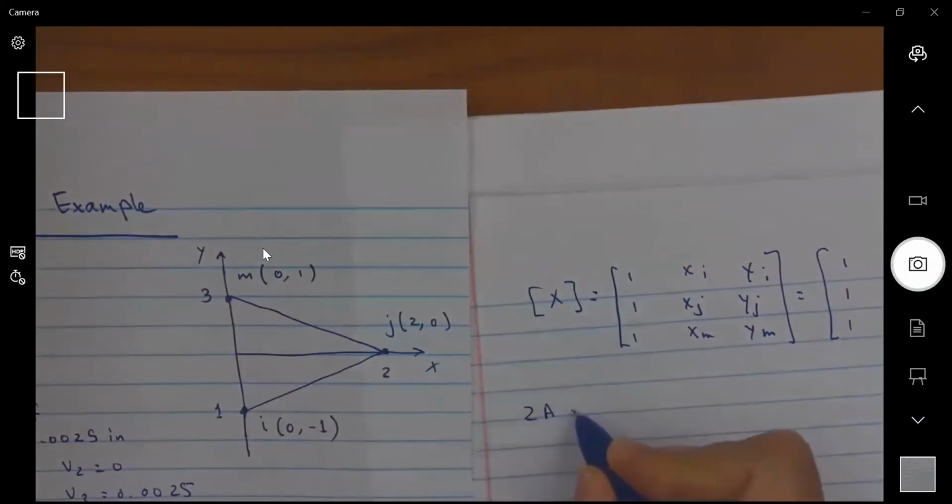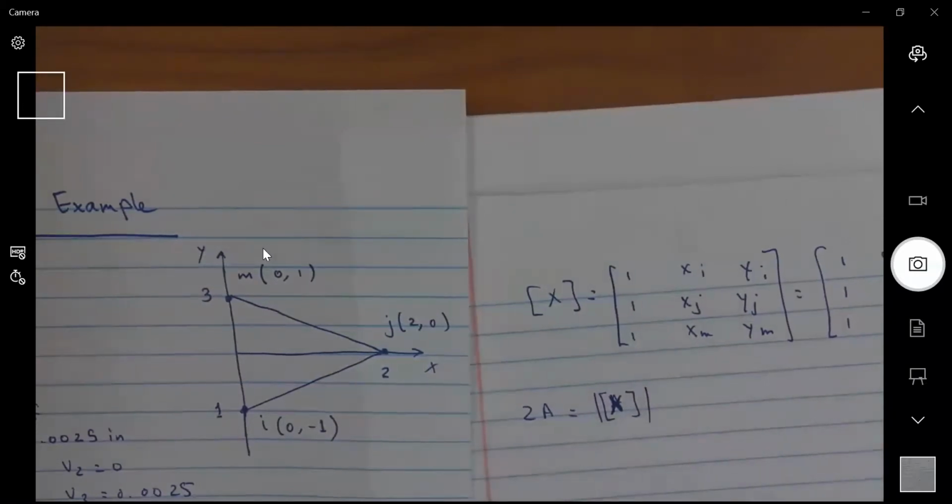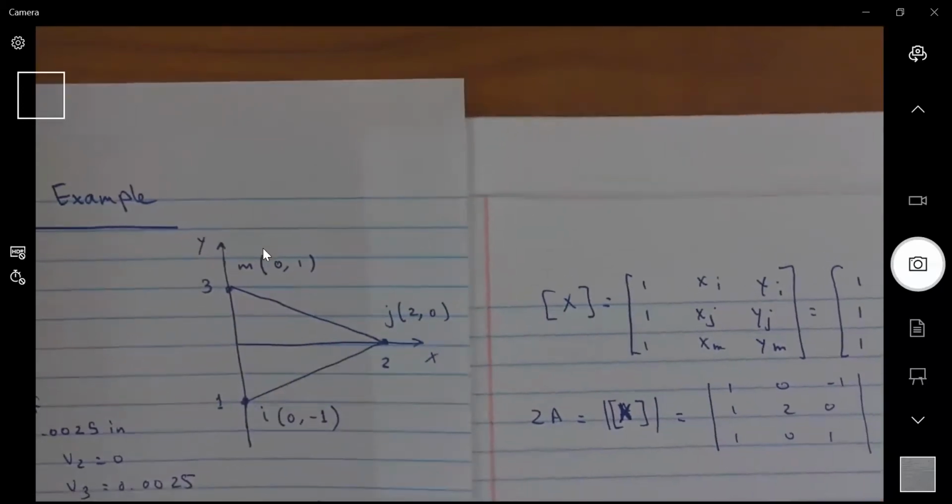So 2A is equal to the determinant of 1, 0, minus 1, 1, 2, 0, 1, 0, 1. And we can find that to be equal to 4.